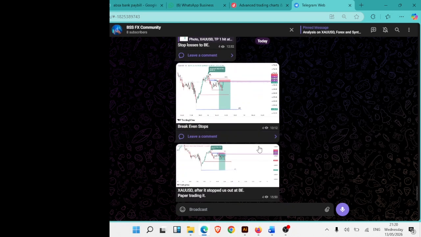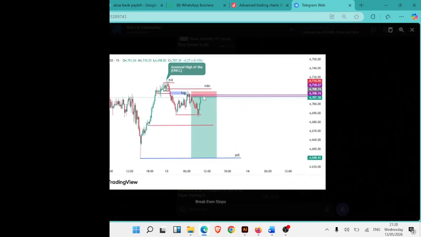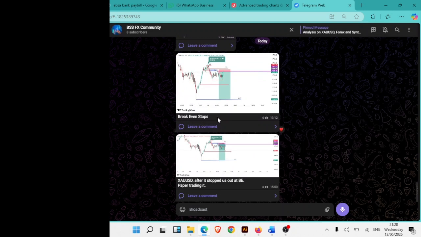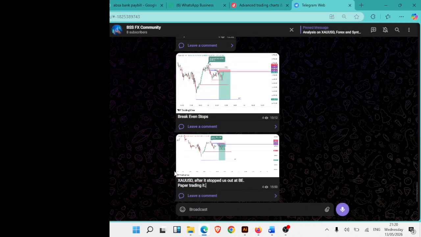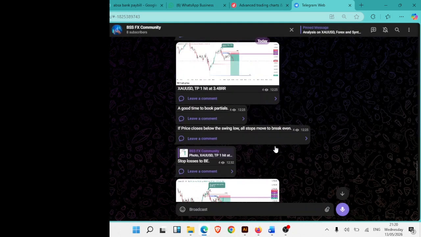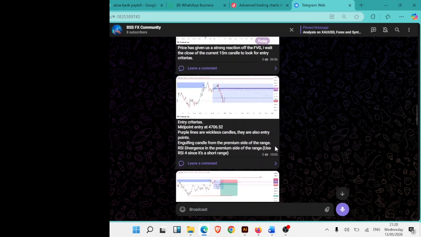You can see our first TP is hit and we get stopped out at break even. You can see break-even stops, and then price kept going lower, and now we started paper trading it. So that is how we ended the day with the XAUUSD.